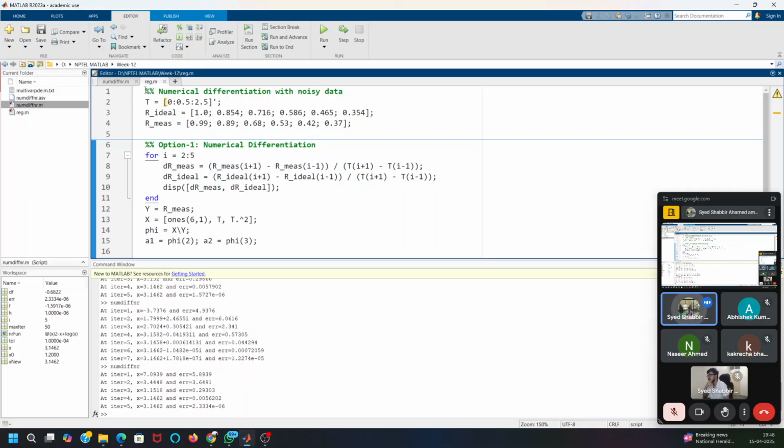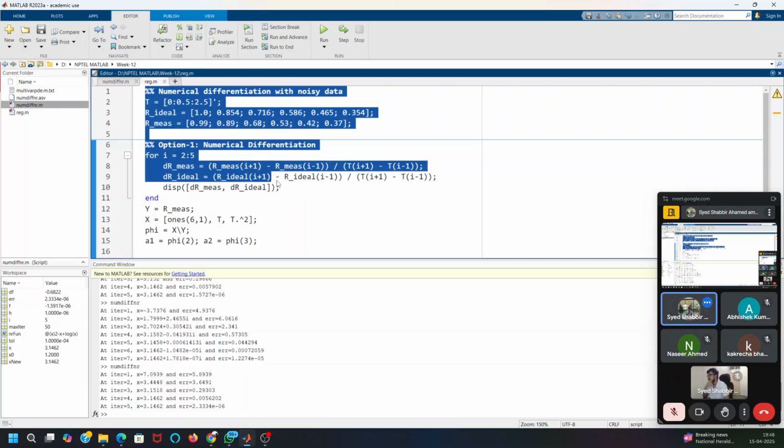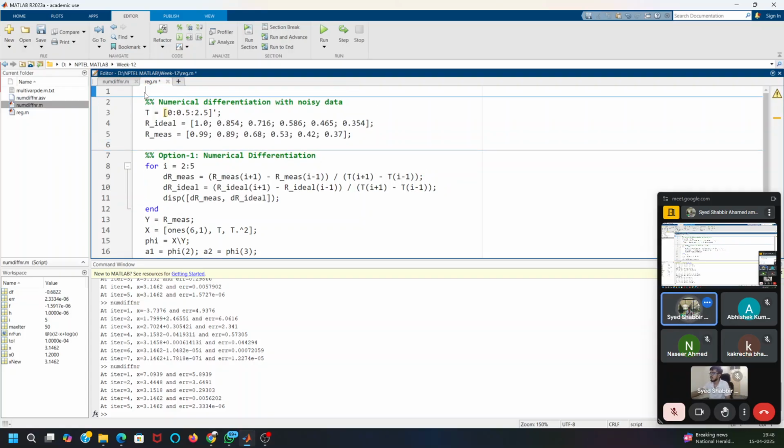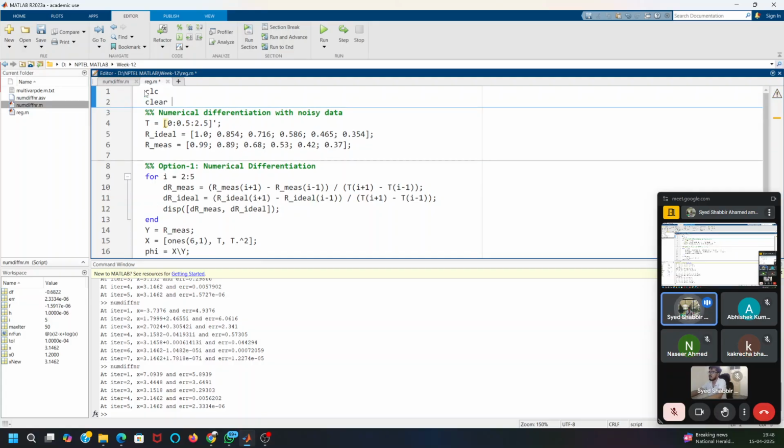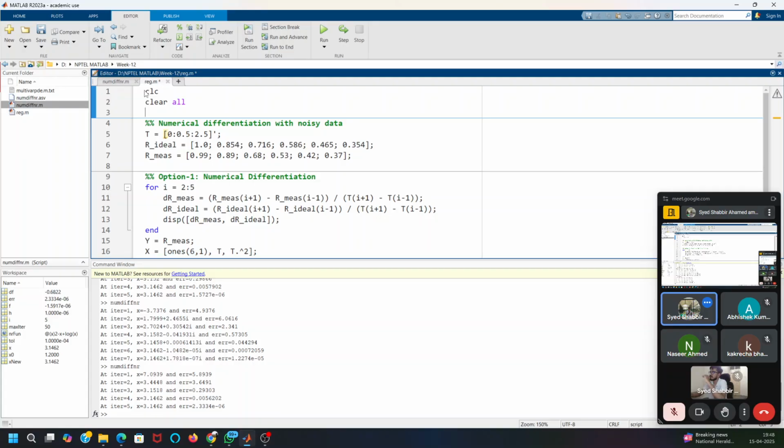Up to this, if I run this code, I'll just write clc, clear all and close.